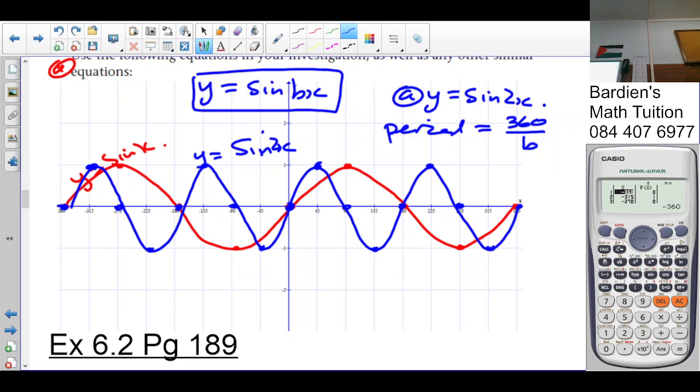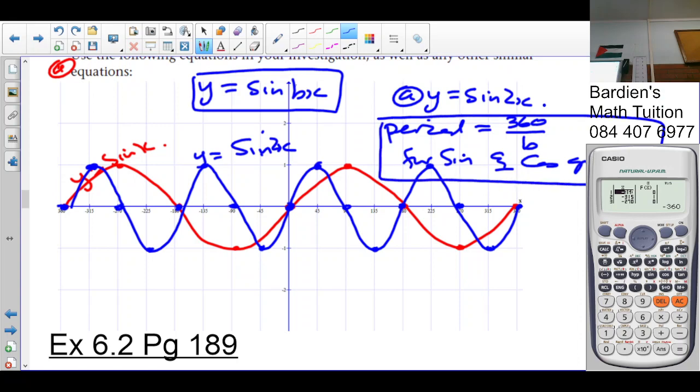For sine and cos graphs, I'll need you to make this note, okay? The period will be affected as follows. The period is equal to 360 divided by your b value.